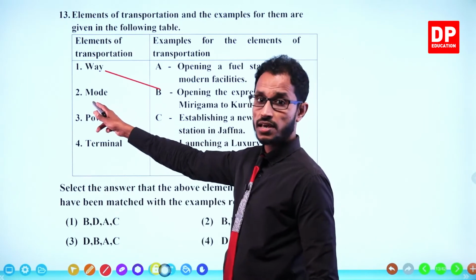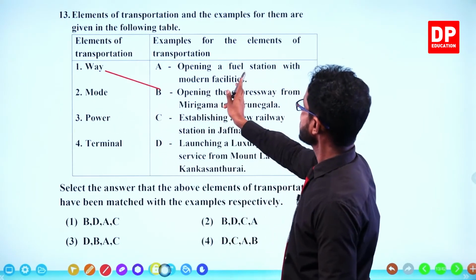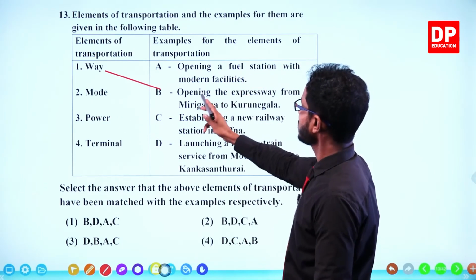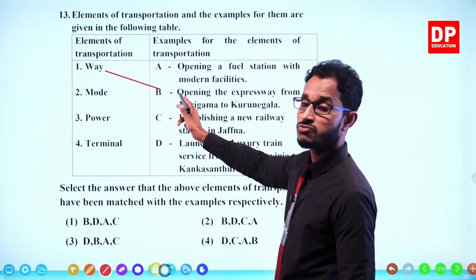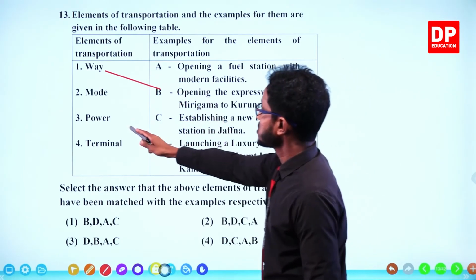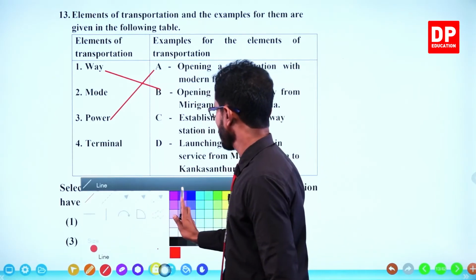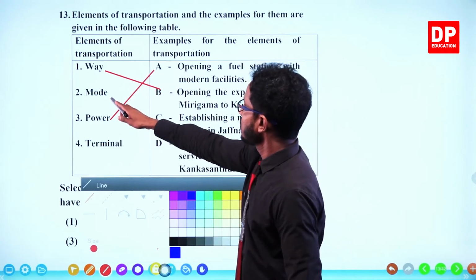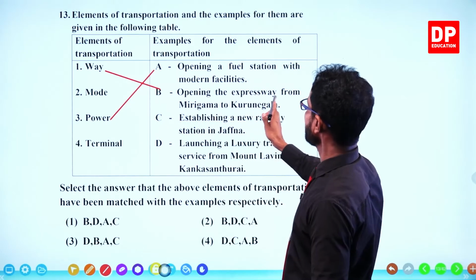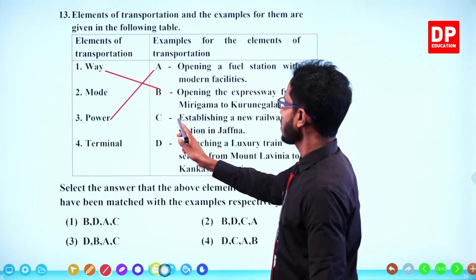Mode means the vehicle. This is a fuel station. Fuel station is power. Fuel is power.